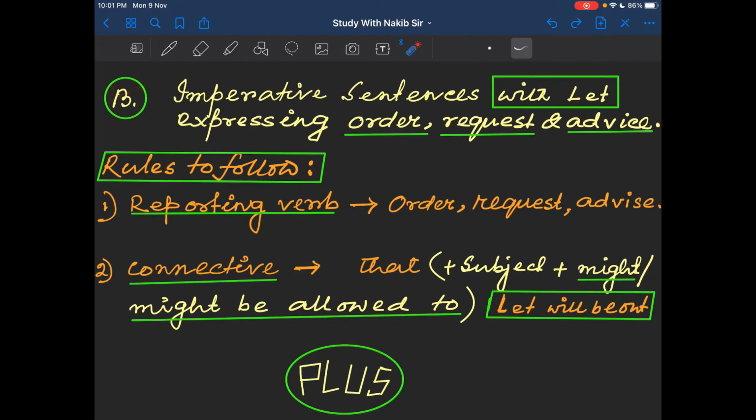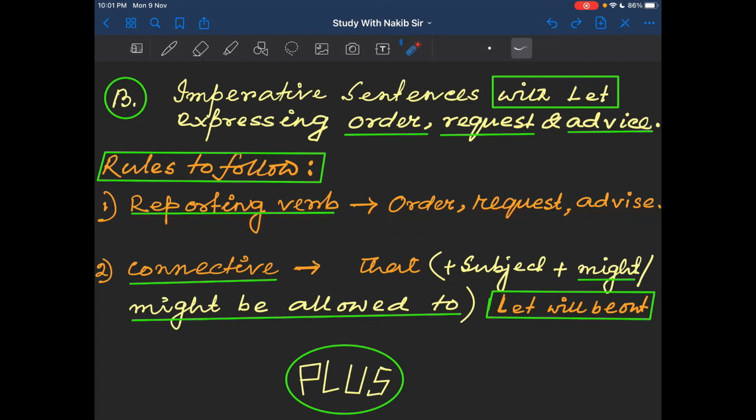Section B deals with the imperative sentences with let, expressing order, request, and advice. And here you have to follow some rules also. Rules to follow. The first particular rule, reporting verb. Here the reporting verb is to be changed to order, request, and advise.